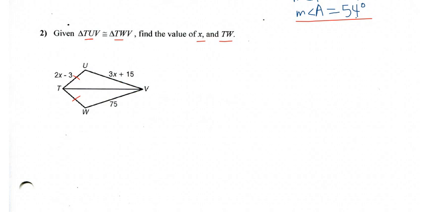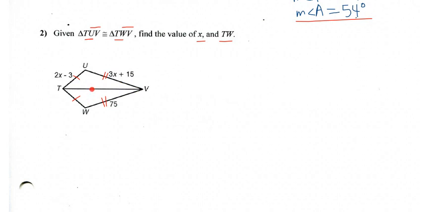Now the segment that is named by the 2 last letters, UB, would be congruent to the segment WB. So UB is congruent to WB.